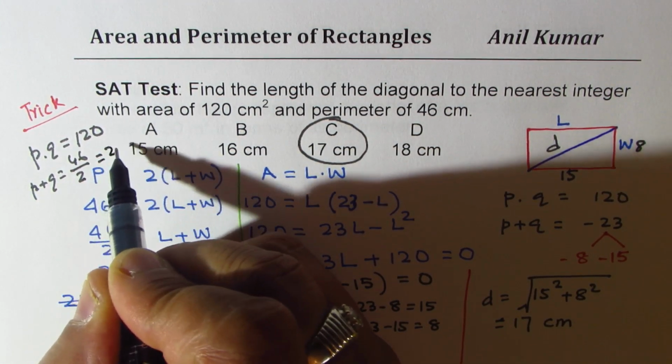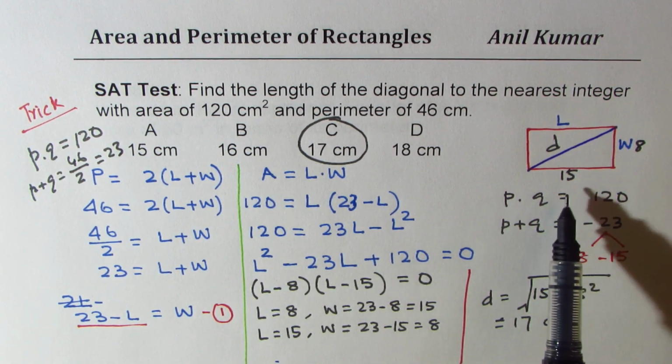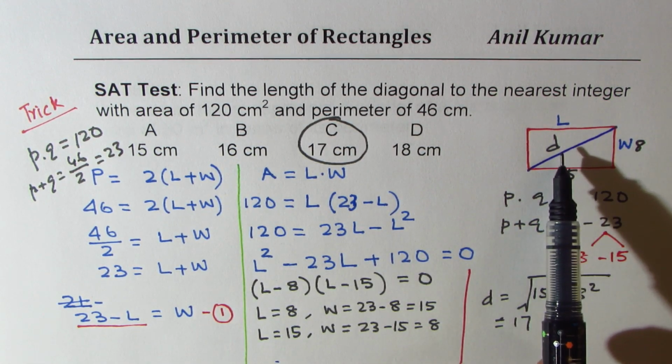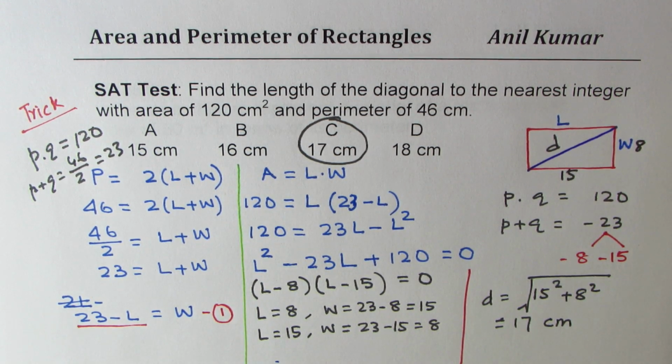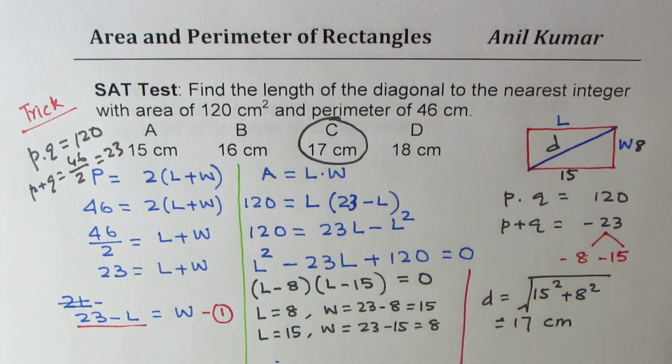Half of perimeter, 23. So straight away you will get your answer. Once you get length and width, then you can get the diagonal. Does it make sense to you, right? So that is the trick which could give you a very quick answer.